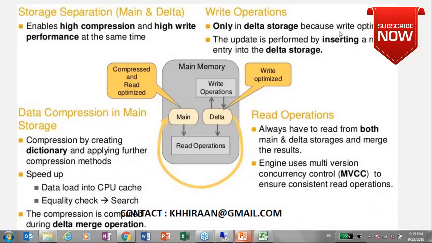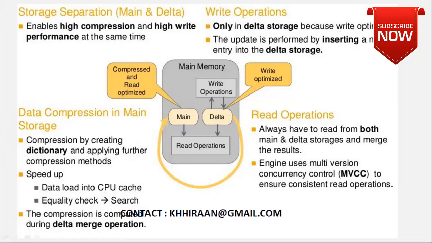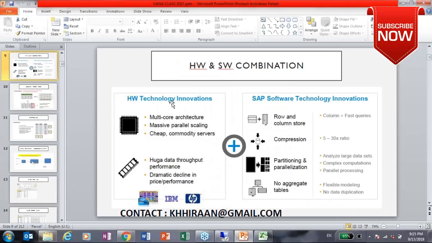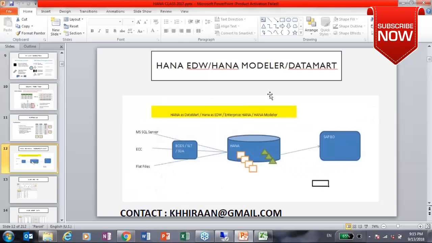Now this is basic information I'm giving you on how the hardware and software concepts work in your HANA system. And one more thing, I clearly told you that we can use HANA as enterprise data warehousing, or as native HANA, or as a data mart.